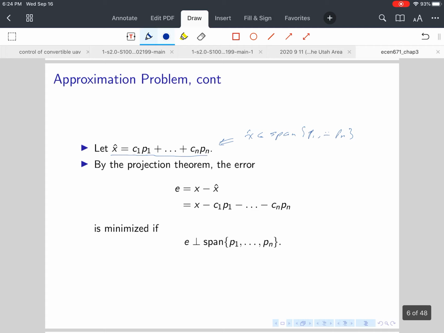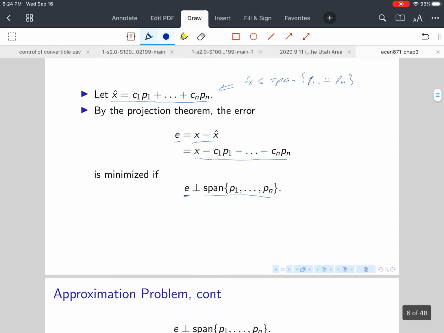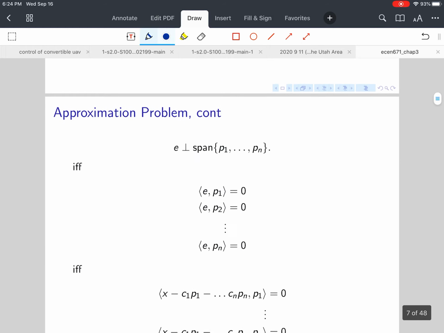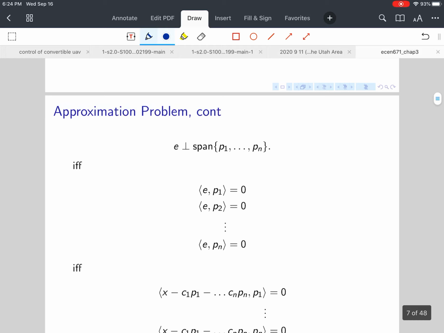Okay, now the projection theorem. If we form this error, E equals x minus x hat, which is exactly x minus C1 P1 up to Cn Pn, then this thing is going to be minimized if E is orthogonal to the span of all these vectors. That's just the projection theorem.